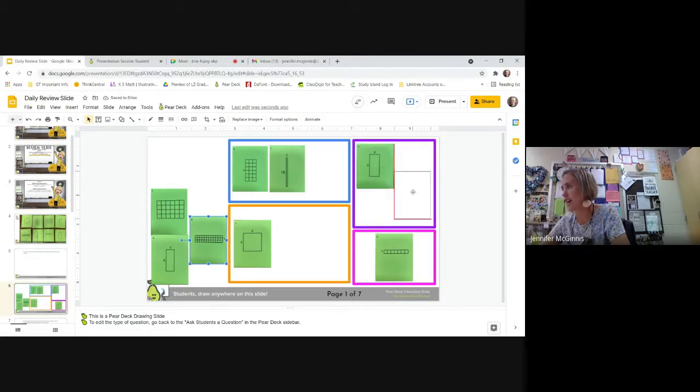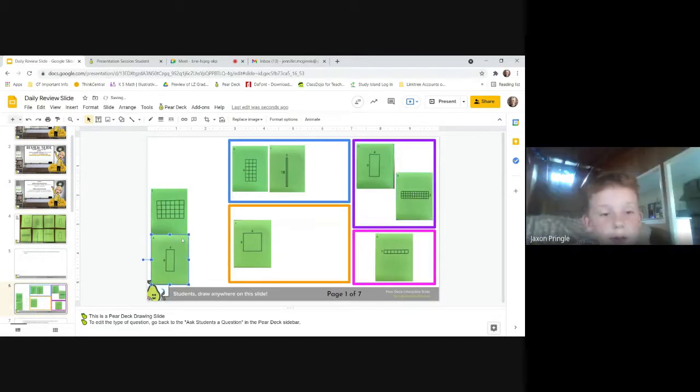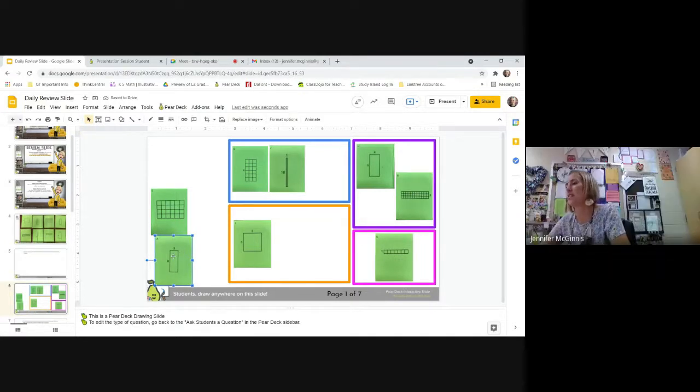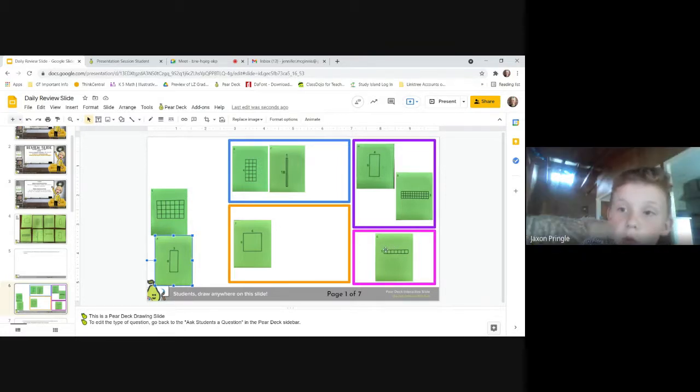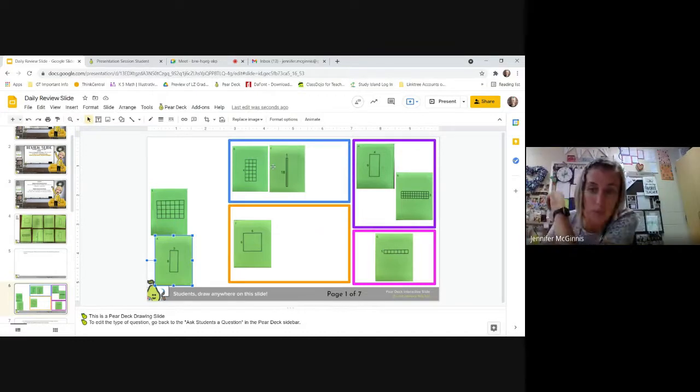What do you got here, Jackson? Maybe for A, it might be 24. Chloe, Jackson thinks A is 24. Is that what you think? Which box is it going to go in? Blue, orange, purple, or pink? Maybe blue. Well, what's blue, Jackson?